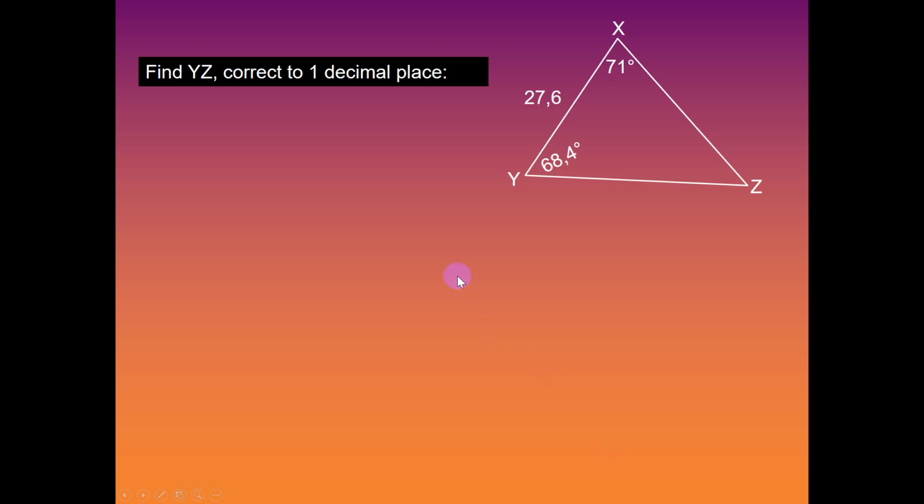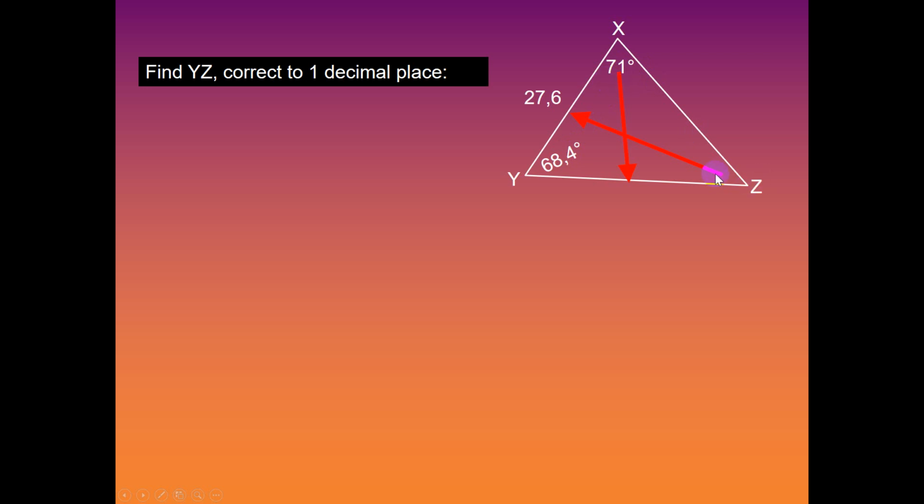Looking at the next example, the question here is to find YZ, which is small x. Looking at the diagram, if I want to use the sine rule, you'll notice I have two unknowns. We don't know small x and we don't know angle Z. But we have two angles in the triangle.